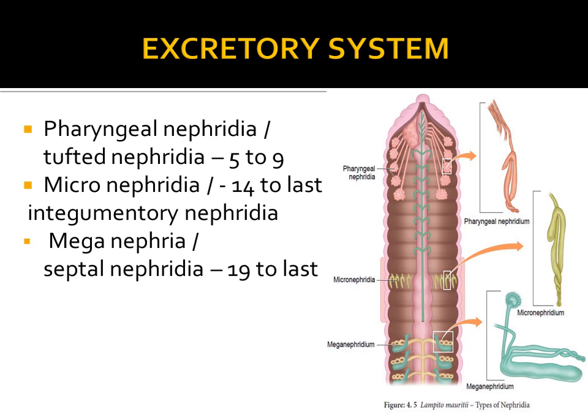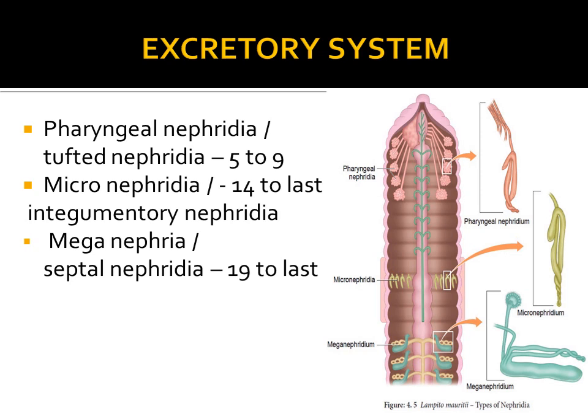Let us see how the excretory function is done in the earthworm. Here the excretory function is done by a major organ known as the nephridia. There are three types of nephridia present in various segments.